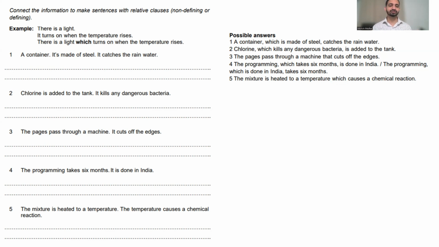When you're writing extra information, just remember that when you're writing non-defining, non-essential information, then you cannot use that, and you should use a comma. There is a special grammar structure for non-defining information. If it's a defining relative clause, then you don't have to use a comma, and you can use that to talk about other things.